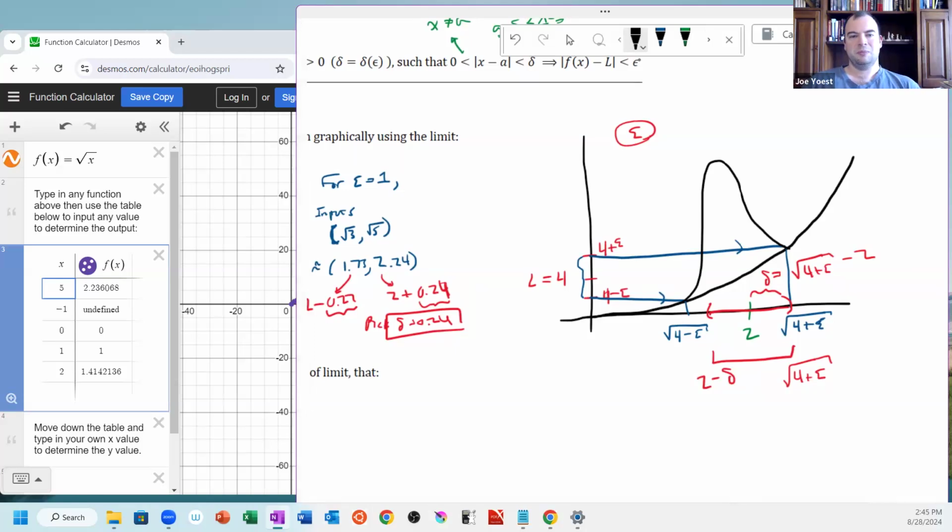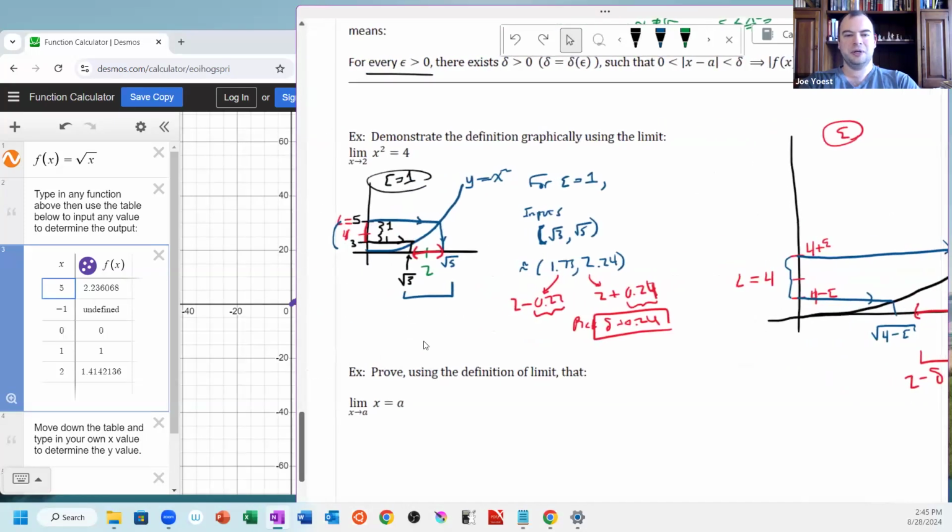I'm making heavy use of x squared being a pretty simple function to illustrate the point. So that is an important note here, the process that I've applied here doesn't work for every single function out there. I'm making heavy use of the nature of the x squared function here. But I think this is a great way to illustrate the point.